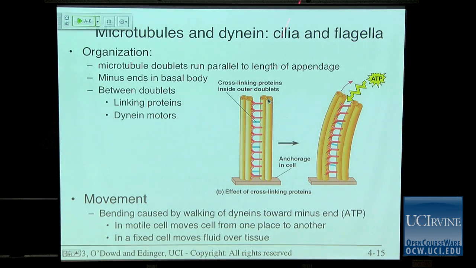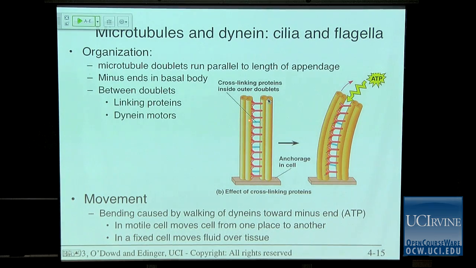So if this was the flagella or cilia, then these are organized in this parallel array, and we have the minus ends, which are anchored in a region called the basal body, that is the attachment between this appendage, the cilia or the flagella, and the plasma membrane. It's a similar organization to the microtubule organizing center, but it's at the plasma membrane, not inside the cell near the Golgi.